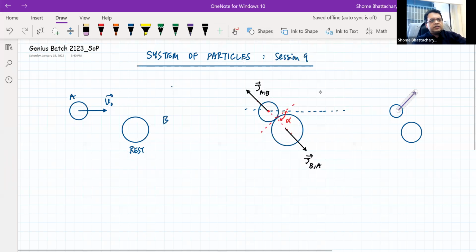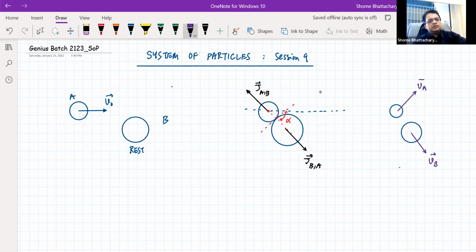Whereas the second one will go exactly along the line of impact, because the impulse acting on it equals its final momentum, since it was at rest initially. So if this has a velocity Vb and this has a velocity Va, with respect to the direction of the initial velocity V0, if this is some beta and this is some alpha, then alpha, beta, the magnitude of Va and the magnitude of Vb are the unknown quantities.